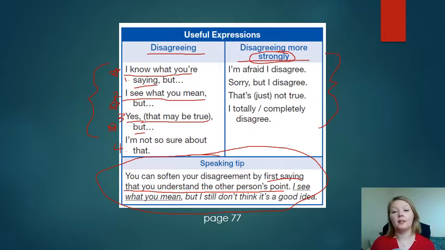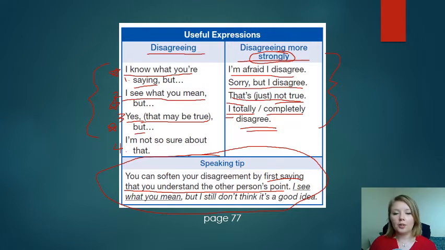We can say, I'm afraid I disagree. Sorry, but I disagree. That's not true. Or, that's just not true. I totally disagree. I completely disagree.